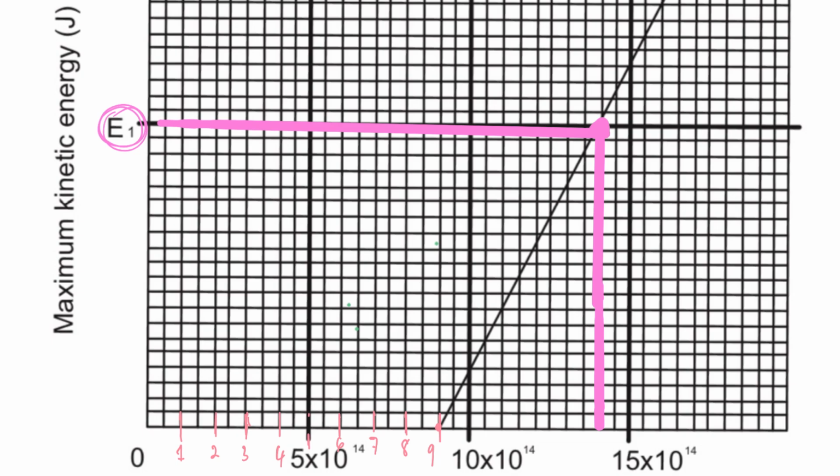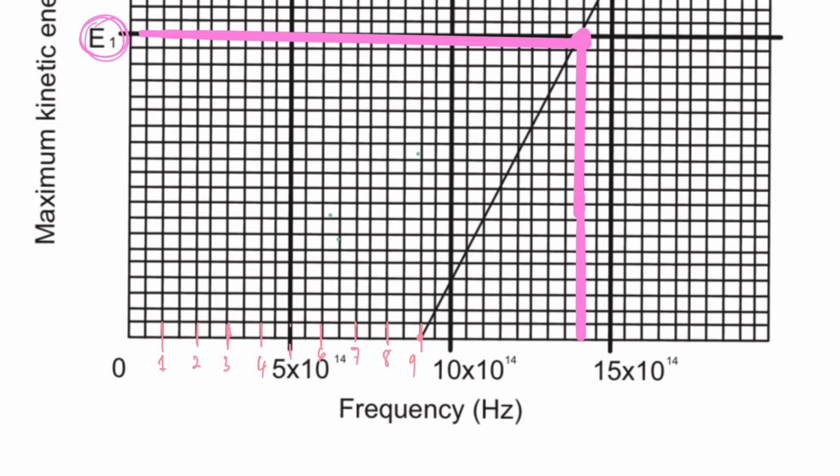So basically we are looking for EK max. This line here, remember what I said? 11, 12, 13, 14 times 10 to the power of 14 hertz. That is the frequency. Okay, so that's where E1 lines up with.